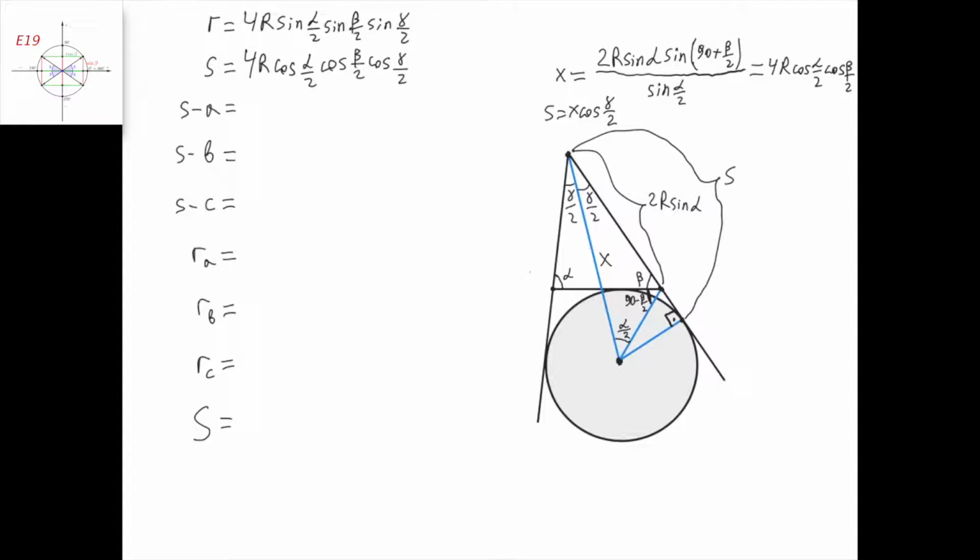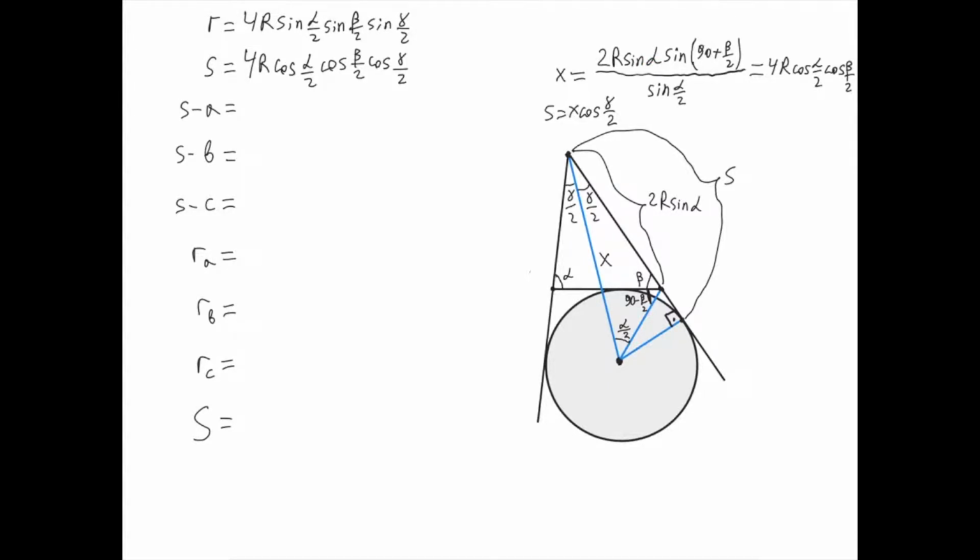But we know that sine of 90 plus beta over 2 equals sine of 90 minus beta over 2, which equals cosine of beta over 2. And we also know that sine of alpha equals 2 times sine of alpha over 2 cosine of alpha over 2. So we can cancel out the sine of alpha over 2, and we get 4 times R cosine of alpha over 2 cosine of beta over 2 for x.